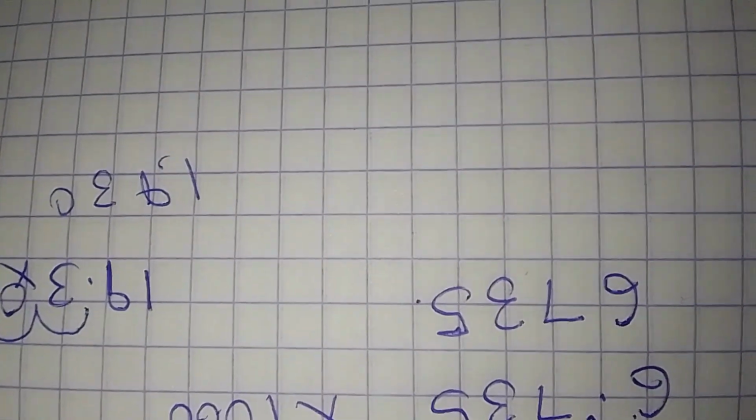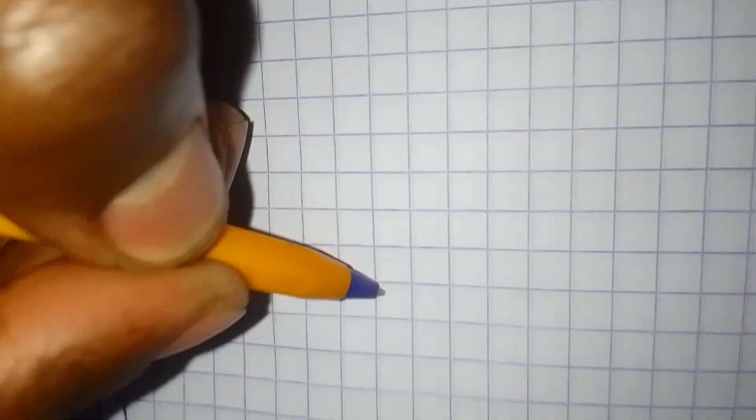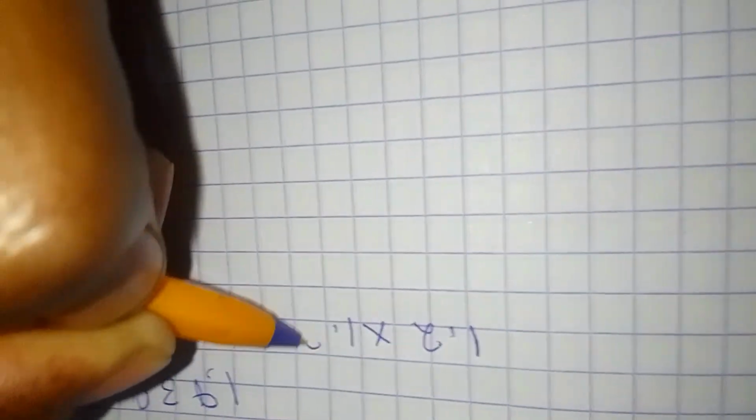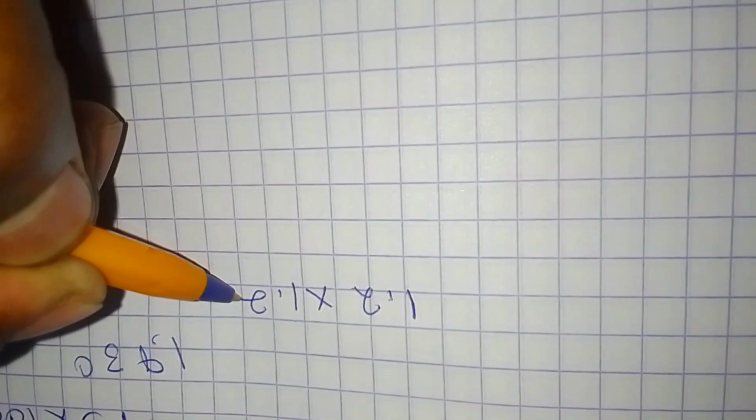You can also be asked to multiply decimals by numbers with decimals. For example, you can be asked to multiply 1.2 times 1.2. How do you do it?